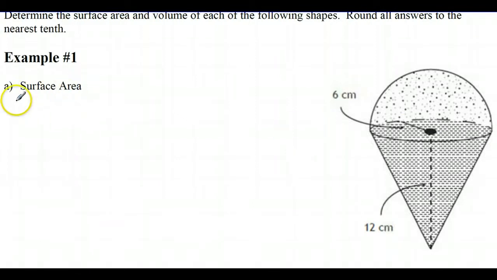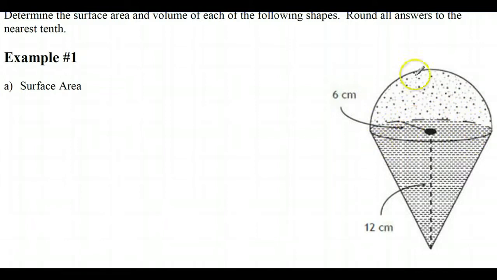Okay, surface area. We have two surface areas we want to figure out. We want the surface area of the cone, but not including the circular base. So we just want the lateral surface area of the cone and the surface area of the hemisphere, and again, not including the base.